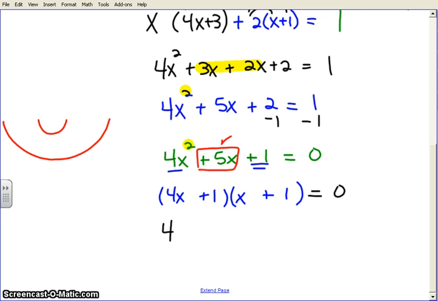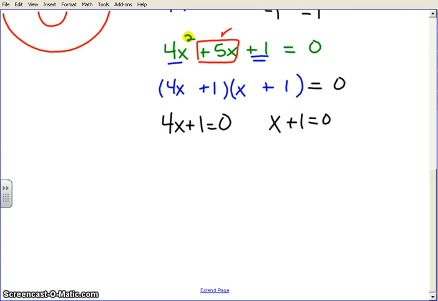Set each factor equal to 0 and solve for x. 4x equals negative 1, or x is equal to negative 1 divided by 4. Or over here, x is equal to negative 1.